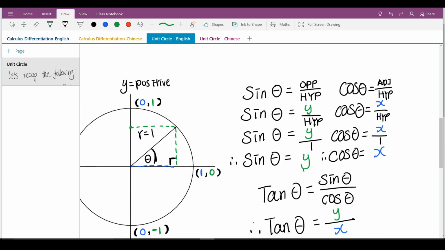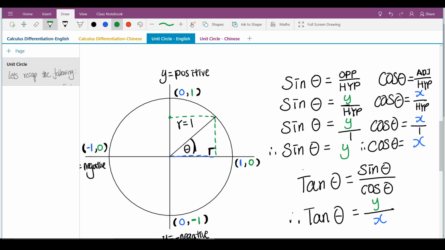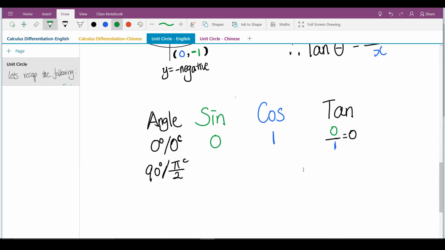Remember, sine is the y coordinate at that point, which is 1, and the x coordinate is 0. So therefore, sine 90 will give you 1, and cos 90 will give you 0.